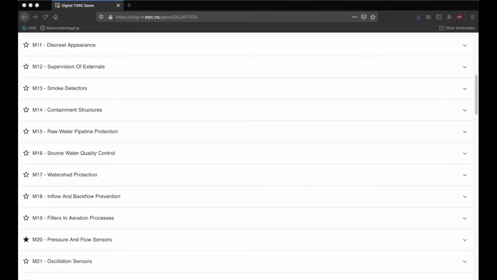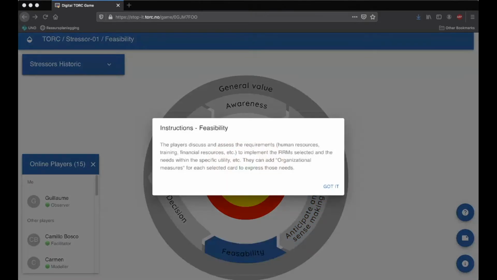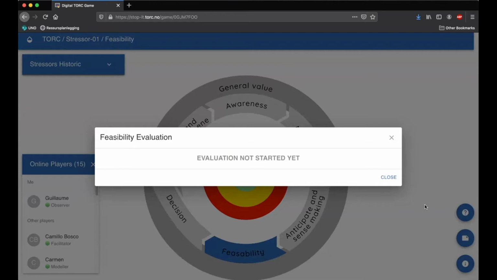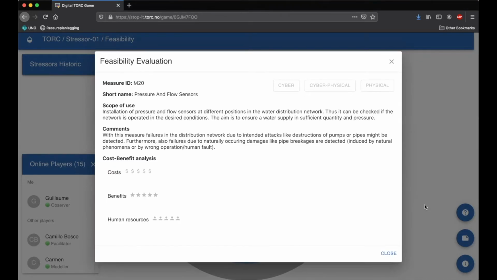So if I move forward, then by clicking on the button Evaluate Feasibility, there is the possibility to start the evaluation for each of the cards in terms of cost, benefits, and also human resources.